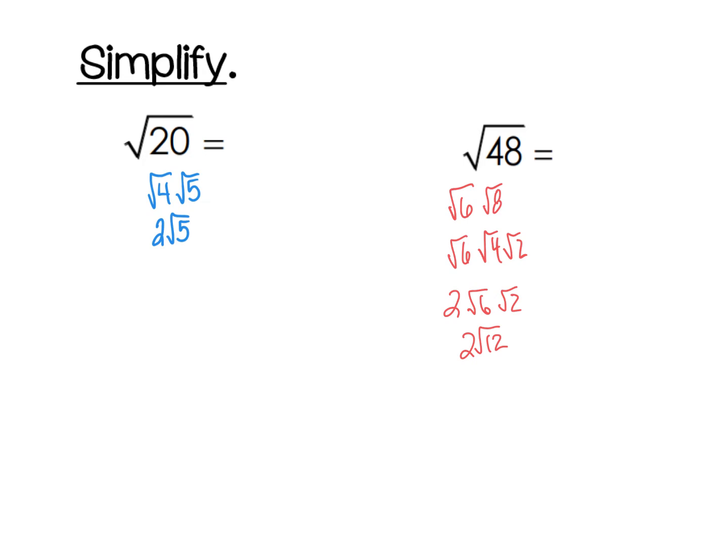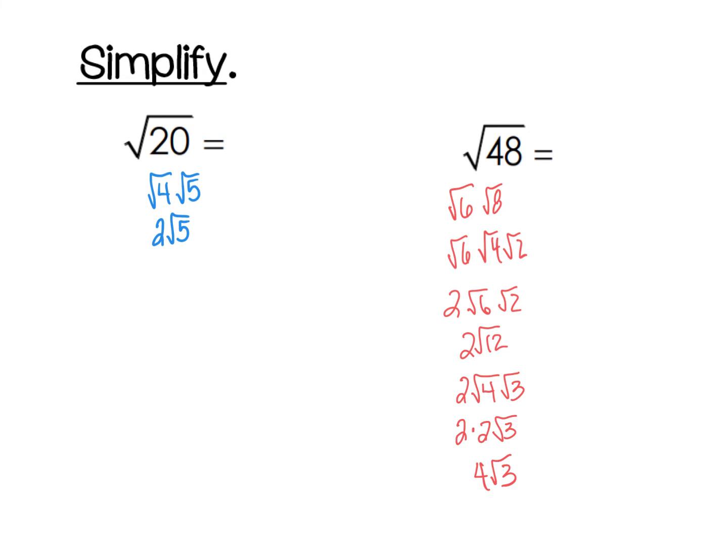And they think that they're done. Well, you're not, because the square root of 12 can be broken down further, because 12 is the square root of 4 times the square root of 3. And again, we know the square root of 4 is 2, so I'd have 2 times 2 on the outside, and underneath my radical, I'd have a 3. So it ends up becoming 4 radical 3.